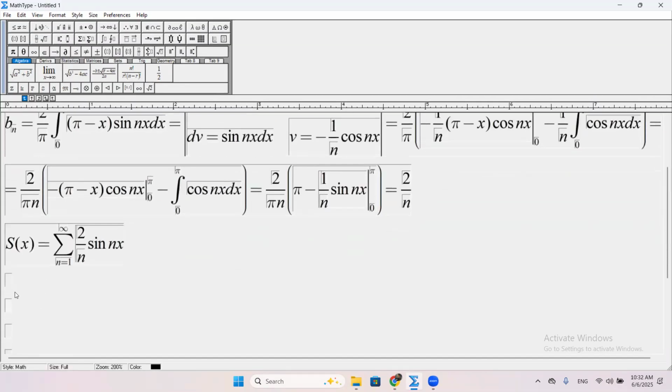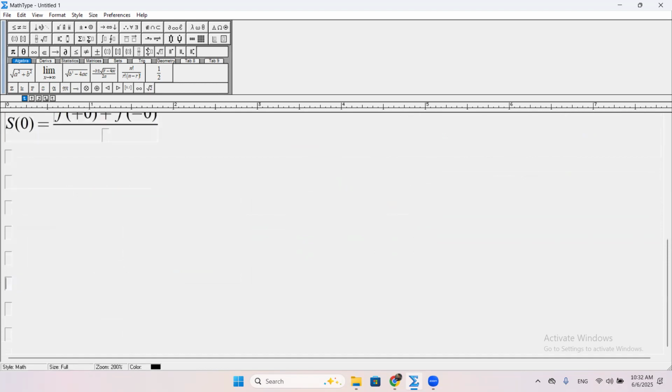So let's calculate it at point 0. So s of 0 will be equal f of plus 0 plus f of minus 0 over 2.